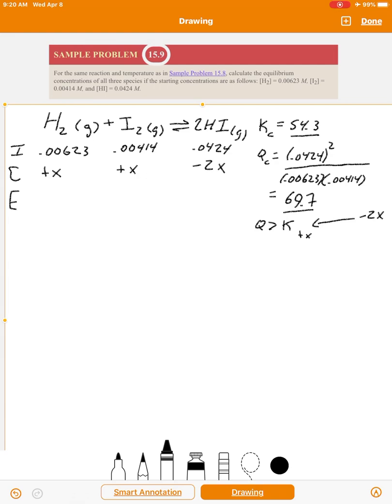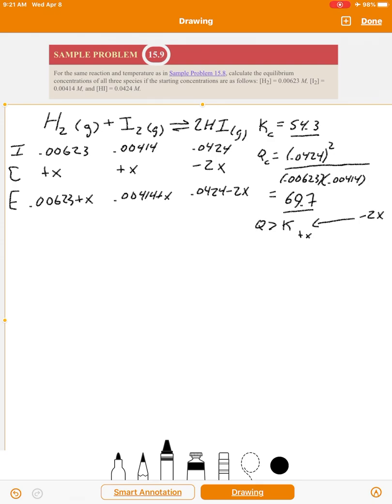And then at equilibrium, we just add the two terms together, add the top and the middle. So that would be 0.00623 plus x, 0.00414 plus x, and then 0.0424 minus 2x.